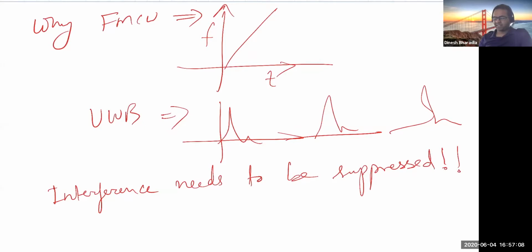So the interference needs to be suppressed. Any waveform which has a very good, high autocorrelation function will tend to create an effect where it will separate out the interference, which is the leakage path, and will leave all the signals which are non-leakage based, which are farther away in time or farther away in frequency.